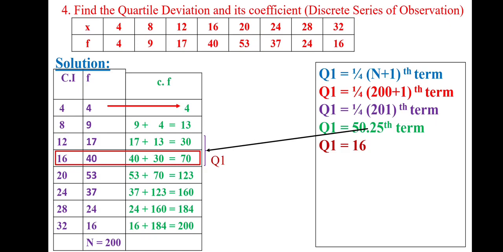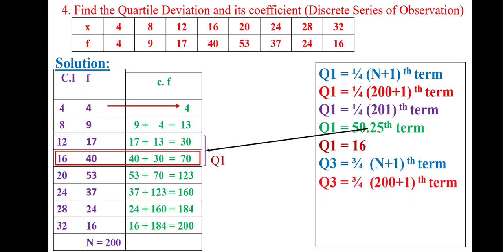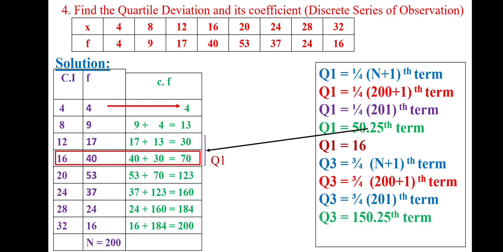Q3 can also be found by this method. The Q3 formula is 3/4 of (N plus 1) term. Here N is 200 plus 1, that is 201, multiplied by 3 and divided by 4. So we get the 150.25th term. Where does it lie? It lies between 123 and 160.